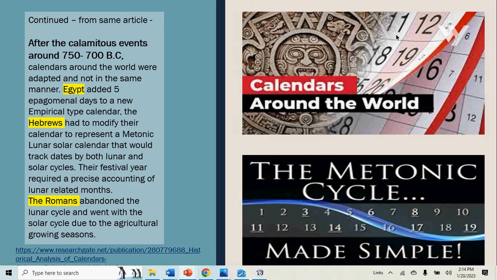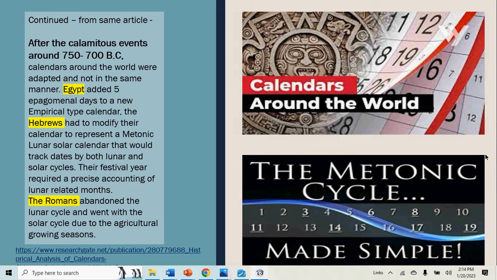After the calamitous events around 750 to 700 BC, calendars around the world were adapted, and not in the same manner. Egypt added 5 special days to a new imperial type calendar.